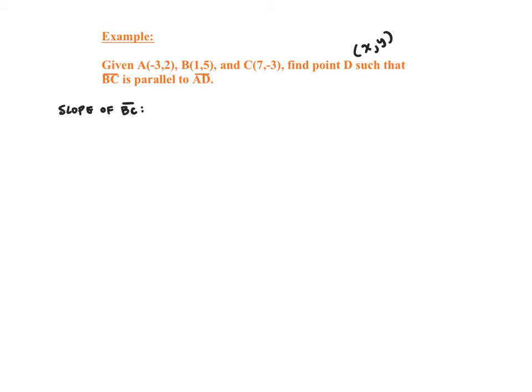Slope of BC. Let's do a little work to find that. So y value minus y value. That'll be negative 3 minus 5 over 7 minus 1. So I'm going to get a negative 8 divided by a positive 6, which will reduce to negative 4/3. So the slope of BC is negative 4/3.